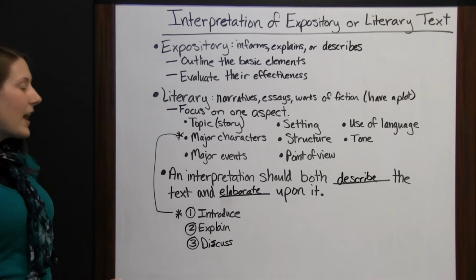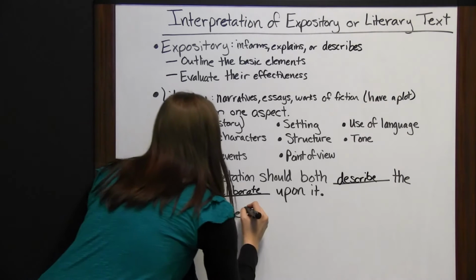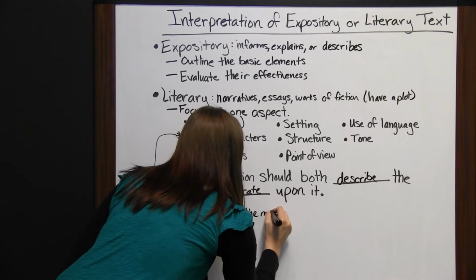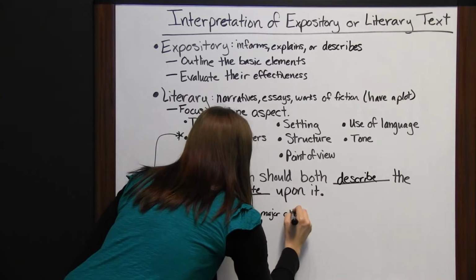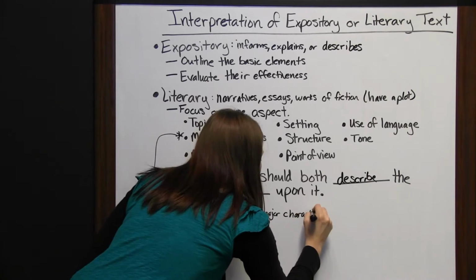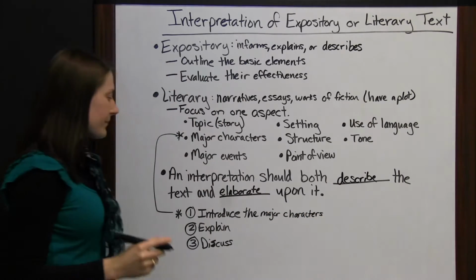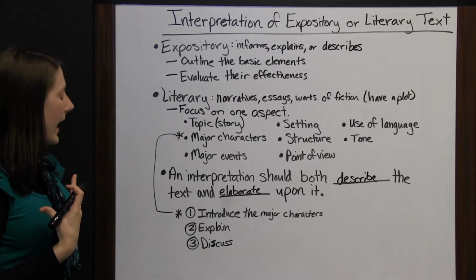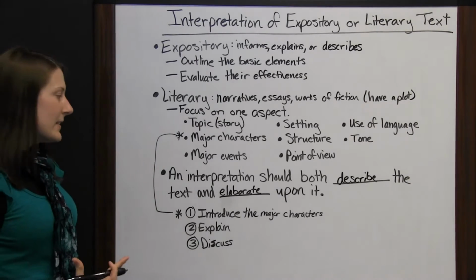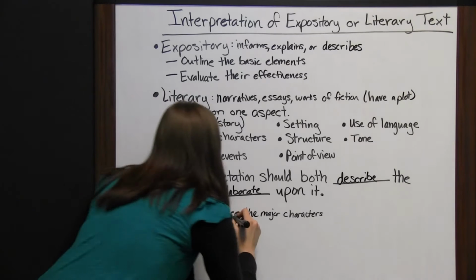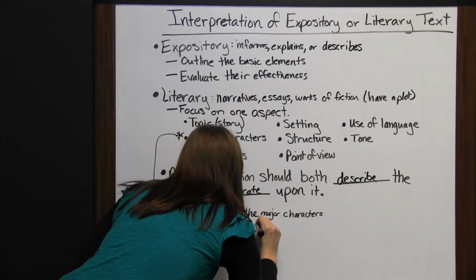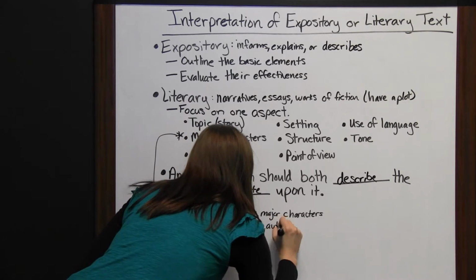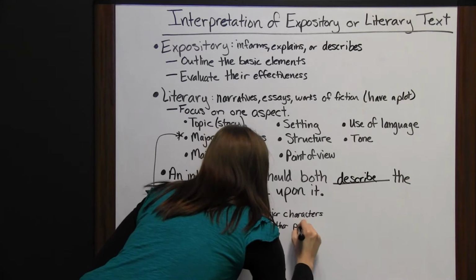So to describe the text, introduce the major characters. In your interpretation, describe the major characters. What do they look like? What are their attitudes? How has the author described them in the text? Then, explain how the author portrays them.